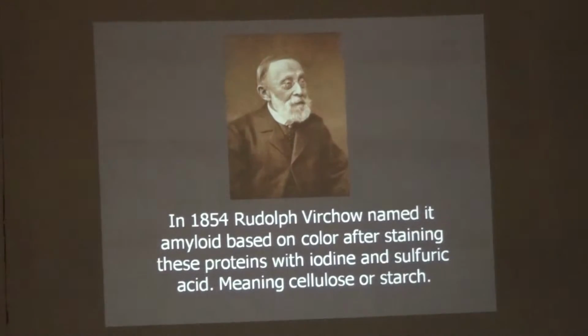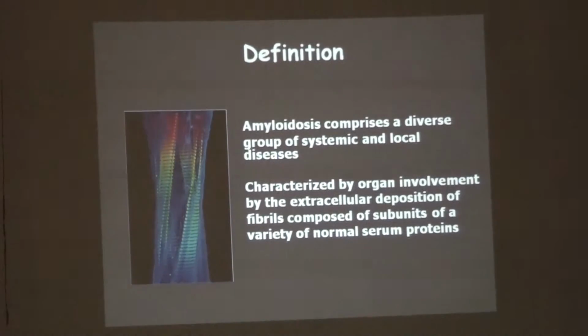Amyloidosis refers to diseases caused by extracellular deposition of insoluble protein fibrils in the tissues and organs. So amyloidosis comprises a diverse group of systemic and local diseases characterized by organ involvement by extracellular deposition of fibrils composed of subunits of a variety of normal serum proteins.